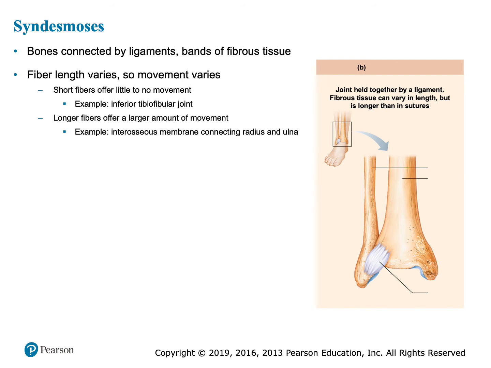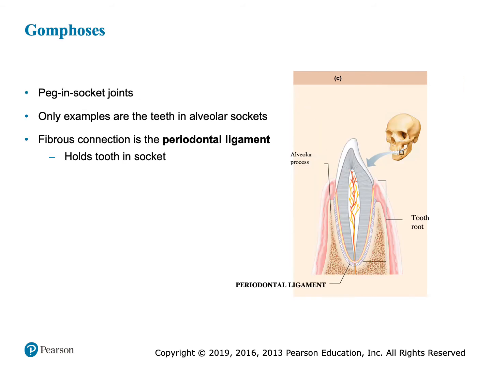A gomphosis joint is going to be that periodontal ligament that's holding the tooth in the alveolar process of the mandible or the maxilla. So holding the tooth in place.